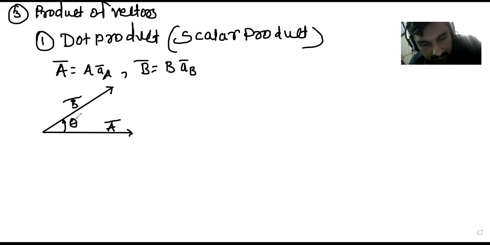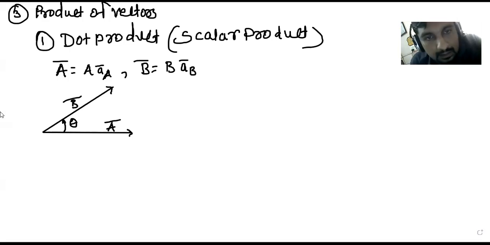The scalar product or dot product of those two vectors is nothing but the product of the magnitudes multiplied by the cosine of the angle between them. Let me repeat, the scalar product is nothing but the product of magnitudes of those vectors multiplied by the cosine of the angle between them.